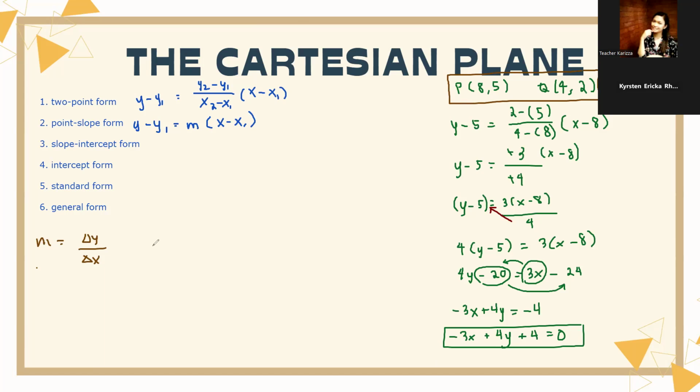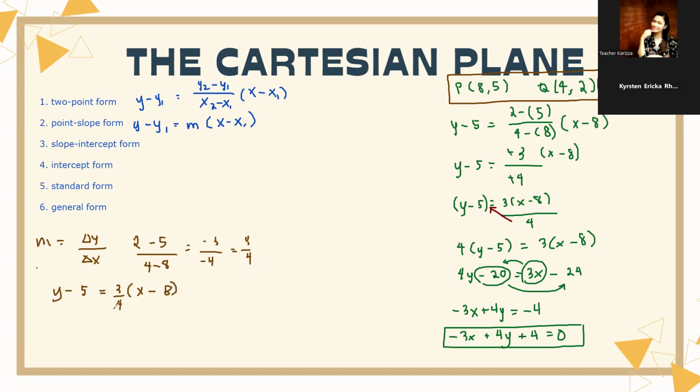So we have 2 minus 5 over 4 minus 8. Same thing, negative 3 over negative 4. Cancel negative, we have 3/4. This is our m. So we have y minus y1, which is 5, is equal to 3/4 times x minus x1, which is 8.